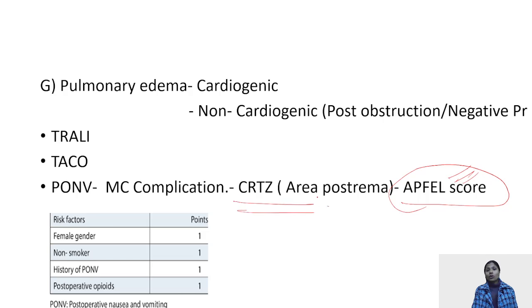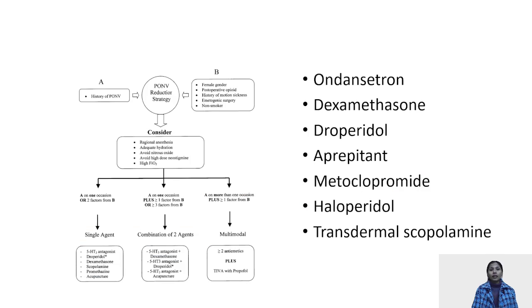We have scores of Apfel which states that female gender, non-smokers, use of nitrous oxide, use of opioids, okay, and the history of PONV, all these are risk factors of post-operative nausea and vomiting. If we think about the PONV, this is one of the topics which has to be done in detail.